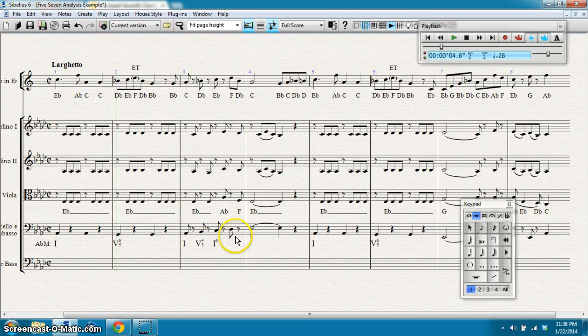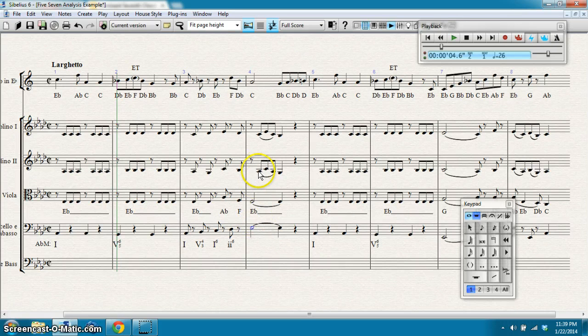So as we keep going, looking at the last beat of this measure, we have D flat, F, B flat, and D flat. That's a B flat minor triad. So we need to call that a 2-6 chord. Minor 2-6. Which then moves to an E flat in the bass.